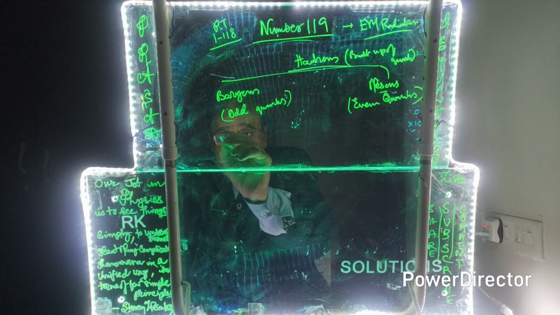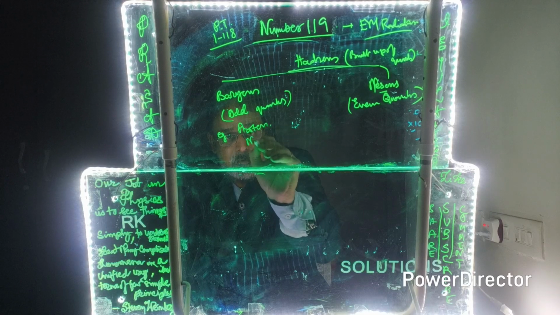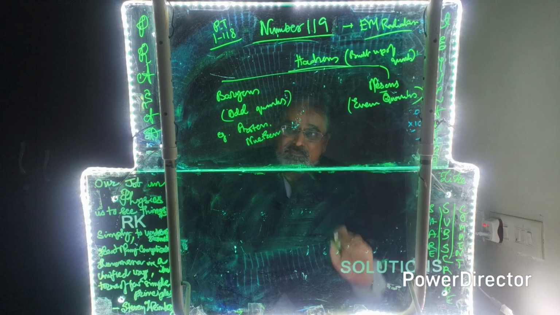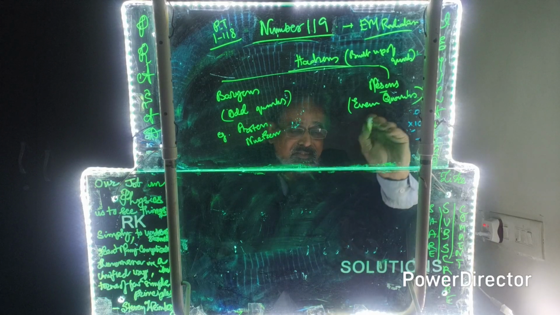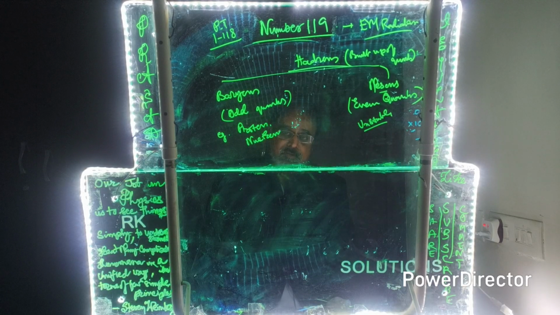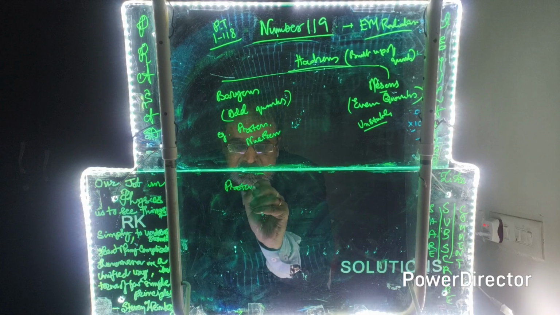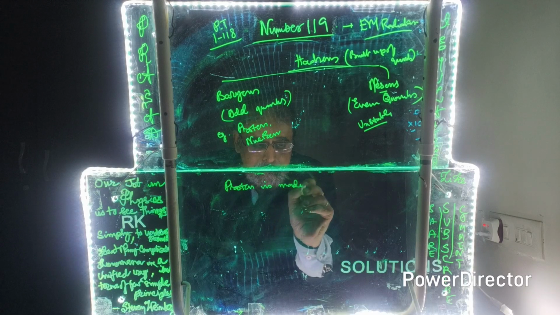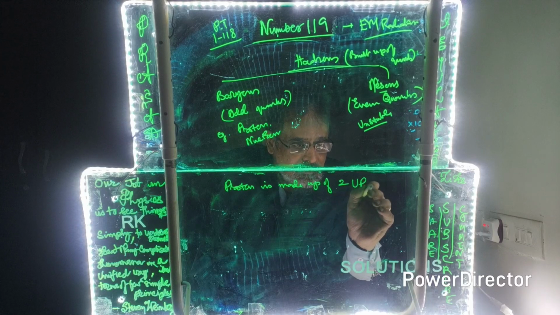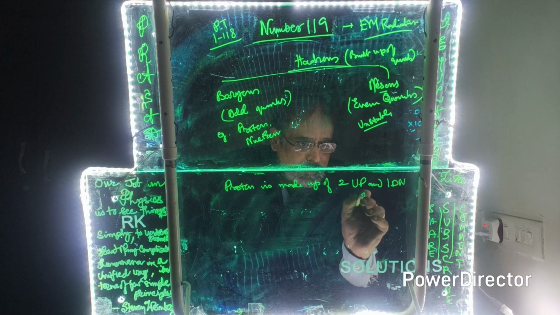The best examples of baryons are proton and neutron. Examples of mesons, there are so many, which are not stable, unstable. Let's say now this proton is made of two up quarks and one down quark.